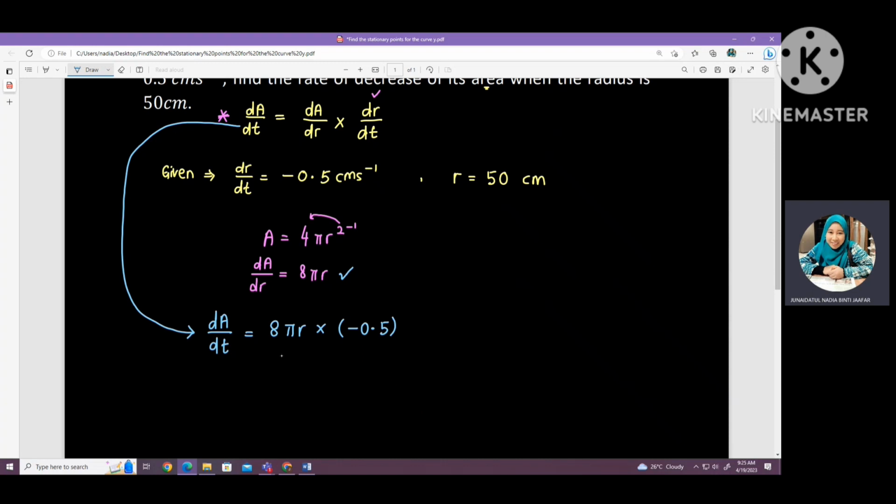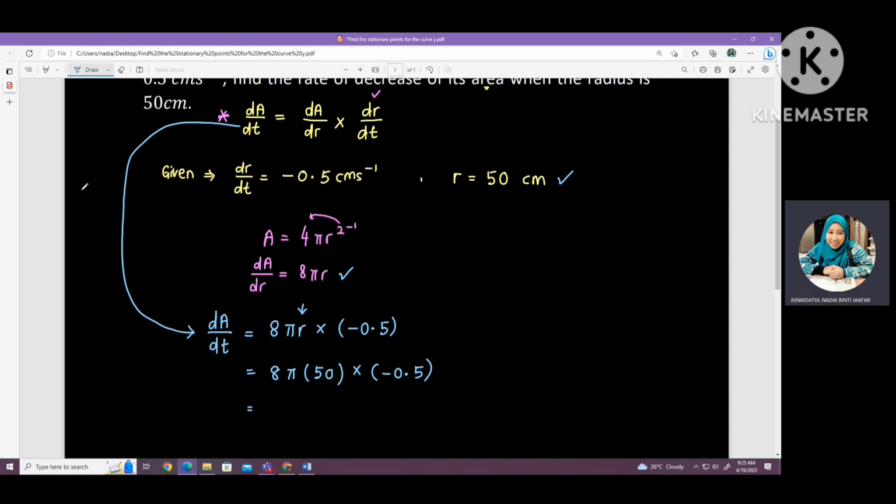And then we can see here we have r. r is already given in the question, which is 50 cm. So we substitute the value of r. So 8 pi times 50 cm and then multiply with negative 0.5.